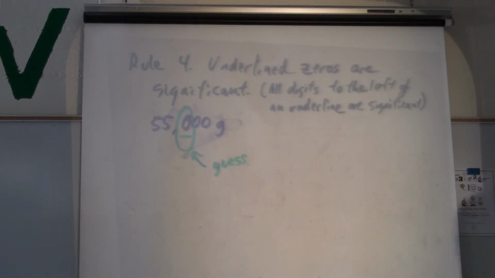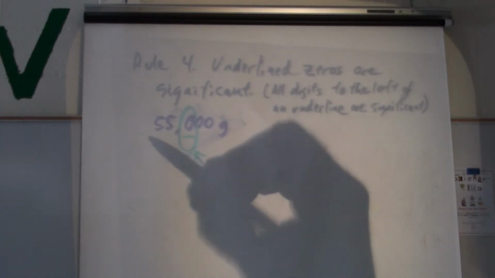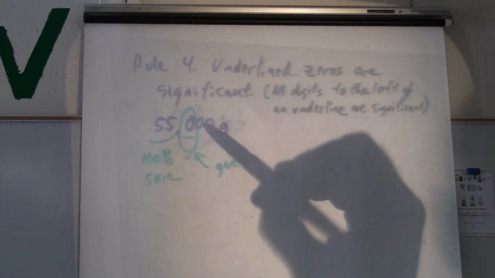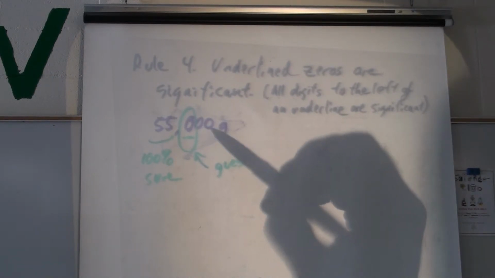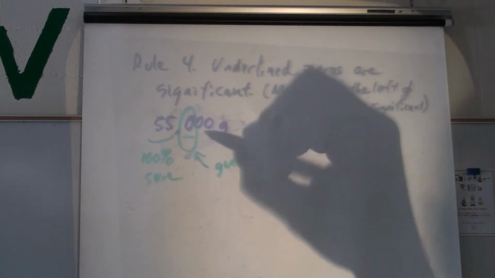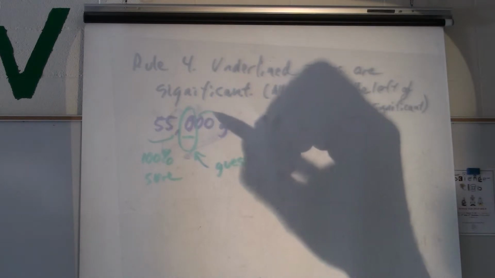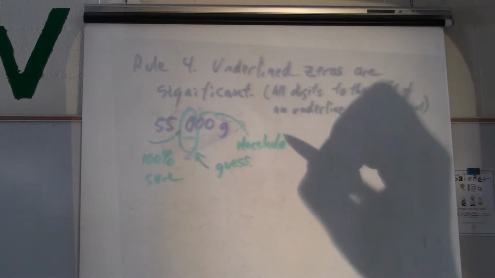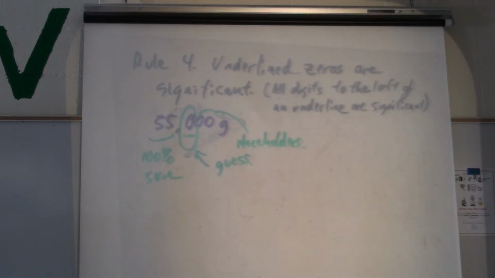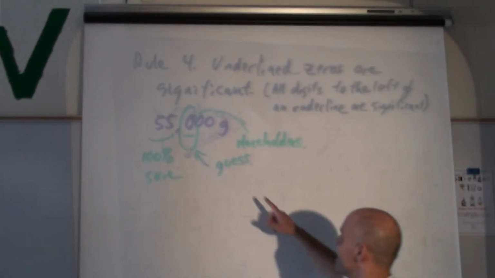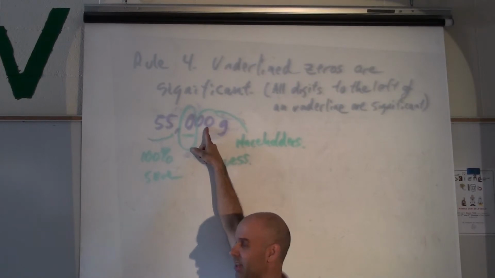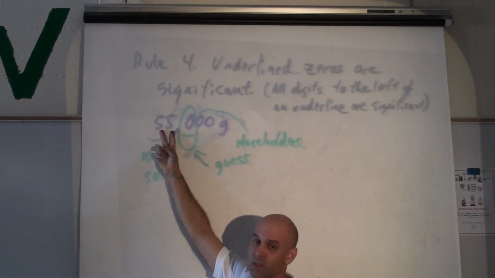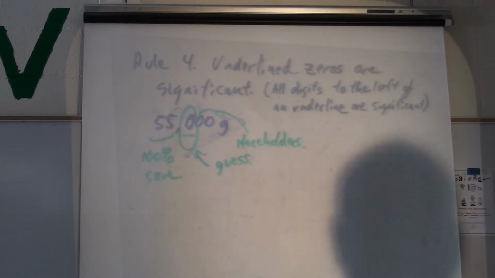So the 2 5s we're sure about. So what's the deal then with these 2 zeros? They're called placeholders. So these 2 zeros are placeholders. This is an example, Megan, where the guess is not the last digit. That is the guess. And then we have a total of 3 sig figs.